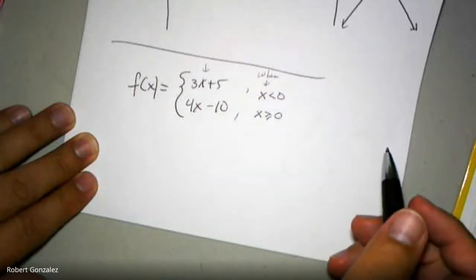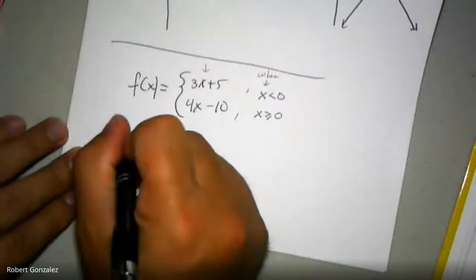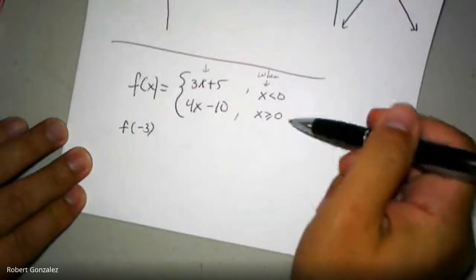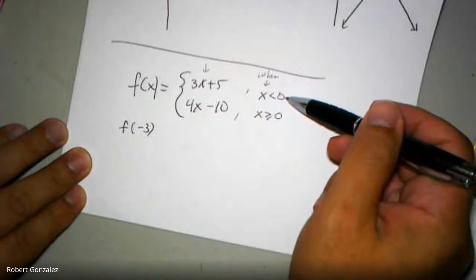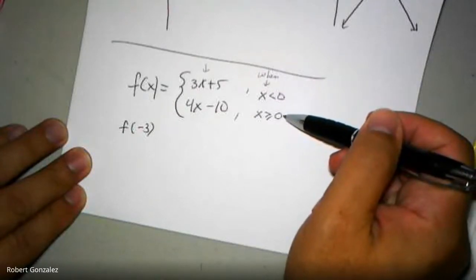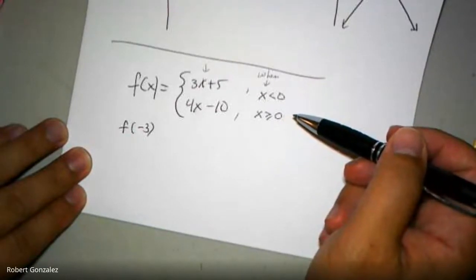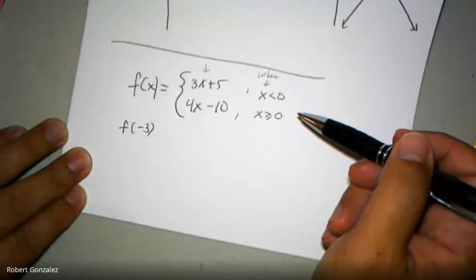So what does that mean? Well, that means if I'm trying to find f of -3, I have to find out which category it goes into. Do you think it goes into the top category or the bottom category? Use your hand right now to point up to the top or point down. I want to see on your screen point up or point down.